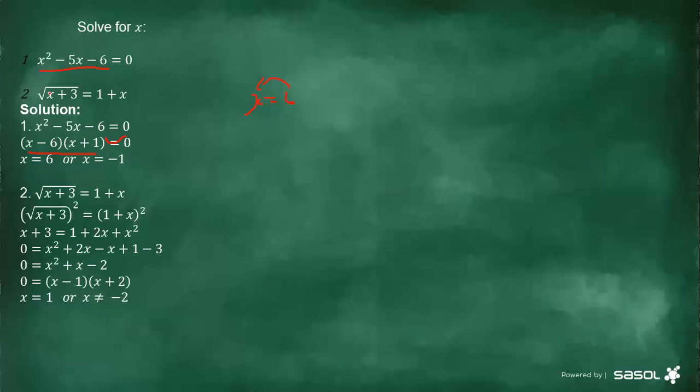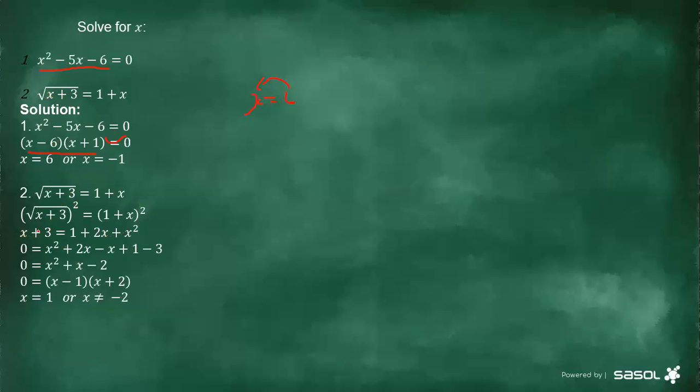But now you can see this one, it's fine. On the left hand side, we have only the square root. Then you can see the second step, we just squared both sides. After squaring, we are now having x plus 3. Then here we apply FOIL. It's 1 plus 2x plus x squared.